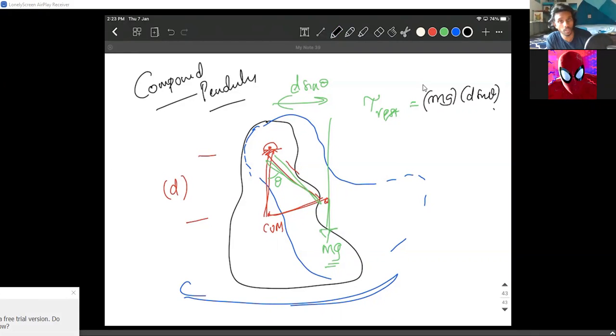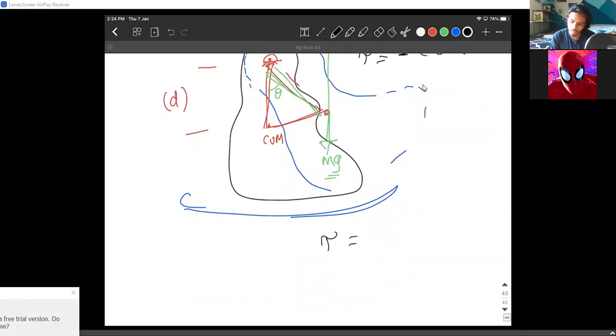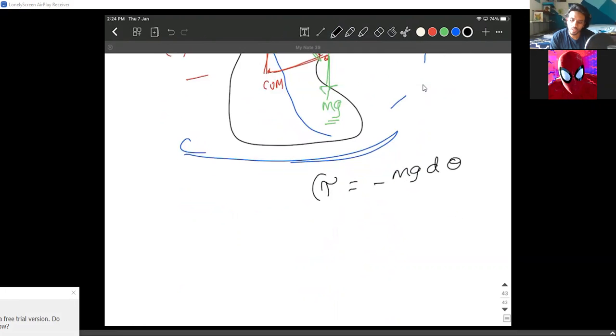Again, since the oscillations are considered to be really, really small, of course, there is a minus sign. In the place of sine theta, I'm just taking theta. So torque equals minus mg d theta. Now torque is nothing but I alpha.